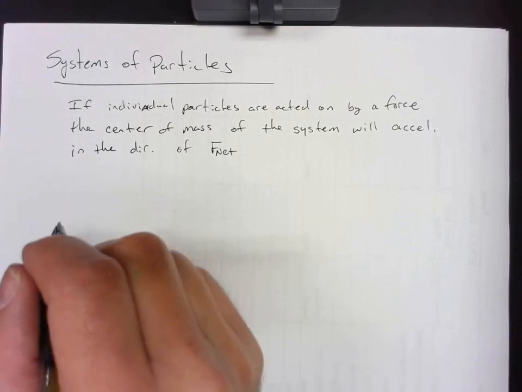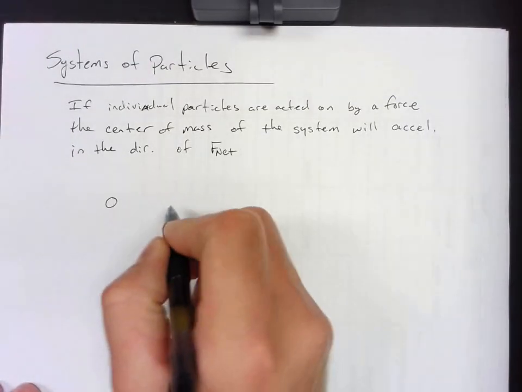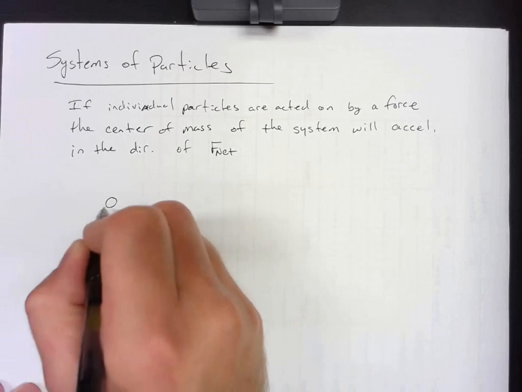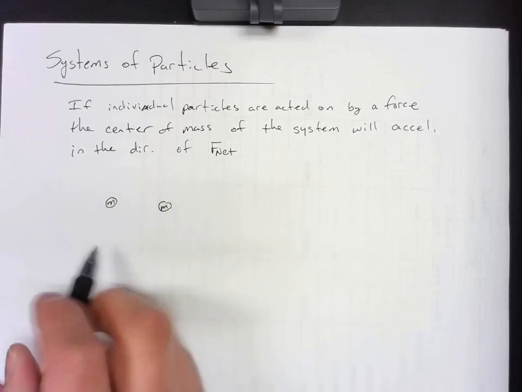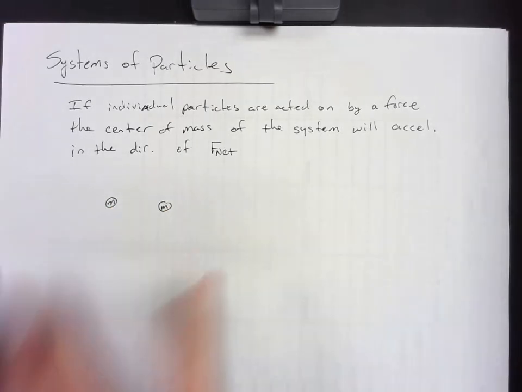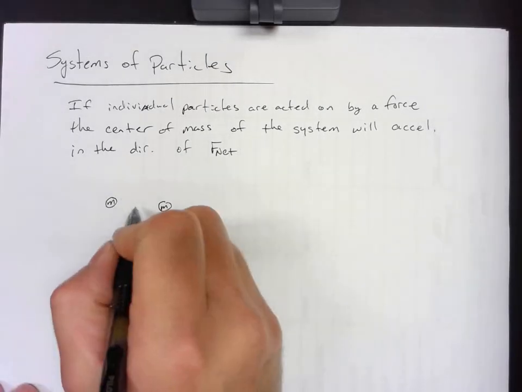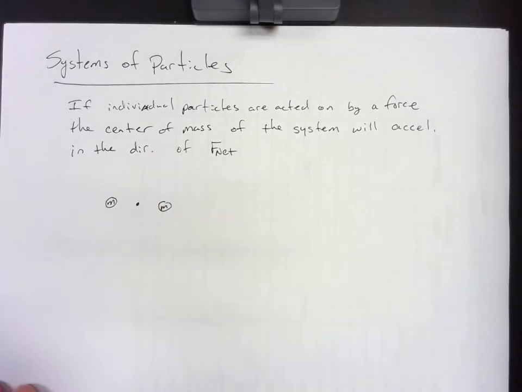So if I have a mass here and a mass here, we'll say that they're the same mass and they are stationary, we know that the center of mass of those two objects is in between them.